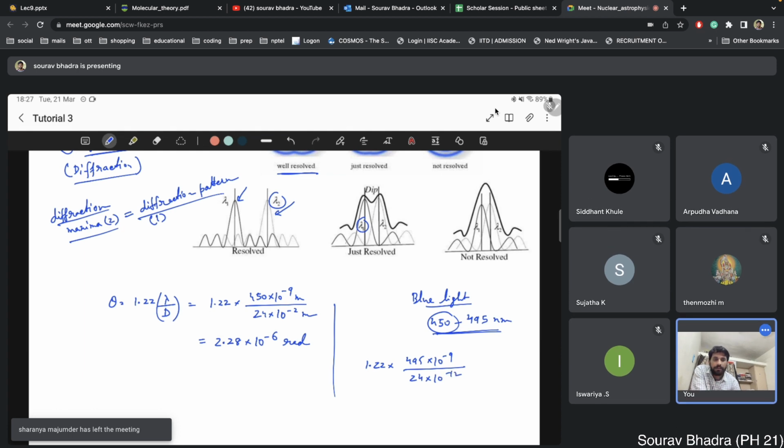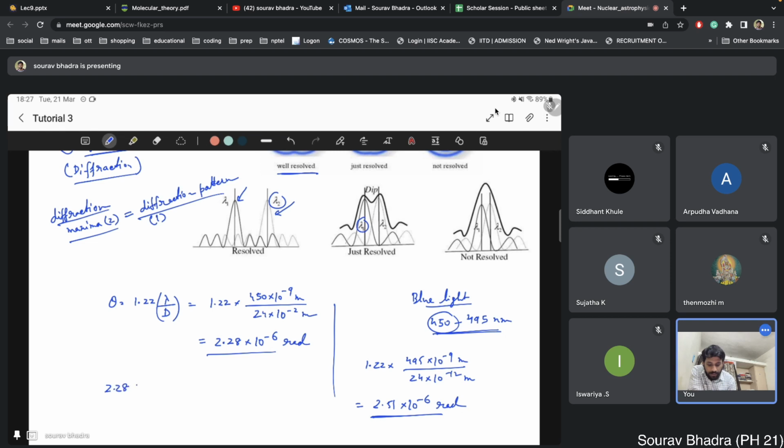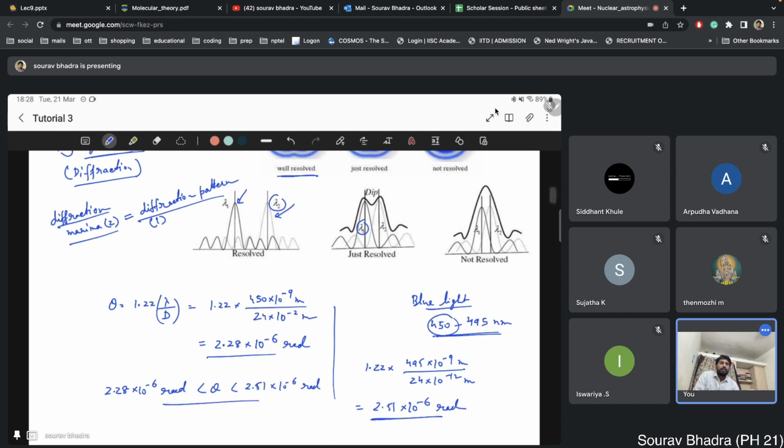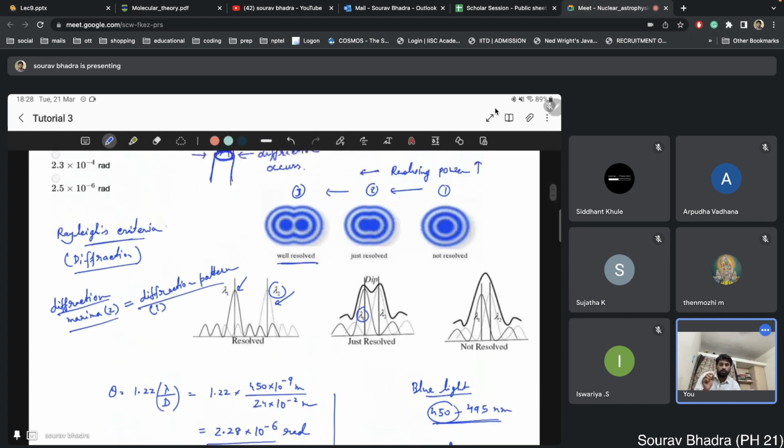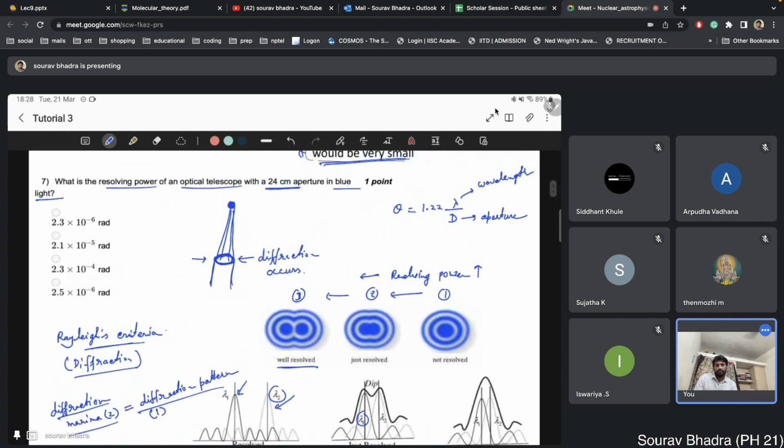I am just evaluating the range of the resolving power. So if your resolving power is between 2.28 into 10 to the power minus 6 radian and 2.51 into 10 to the power minus 6 radian, then you can critically resolve that source which is emitting blue light.